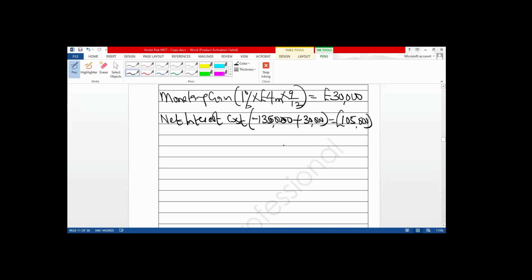If you pay 135,000, the profit you achieve at the futures market will be used to reduce the actual amount paid. That means your net interest cost is 105.